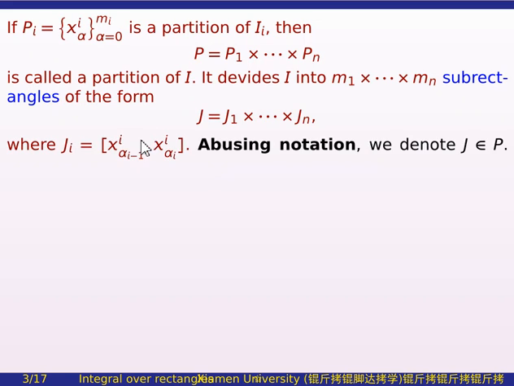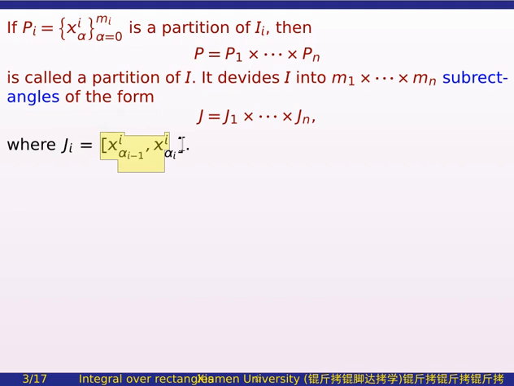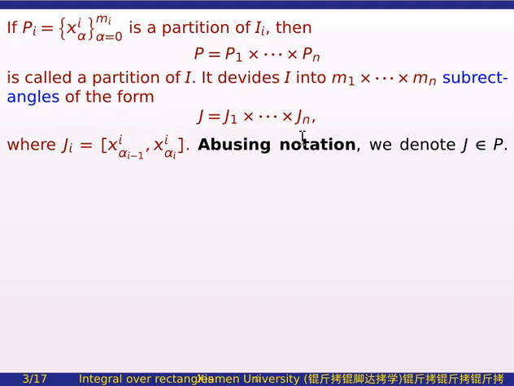Of course I use a complete notation, but we don't care about this notation anyway. And as I said, we are abusing notation. We say that this small rectangle belongs to the partition P. That is, by the partition P of the rectangle, we mean the Cartesian product of the partitions of each edge of the rectangle.